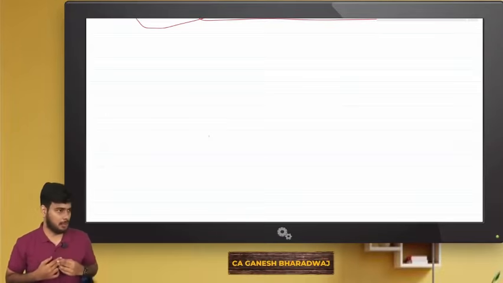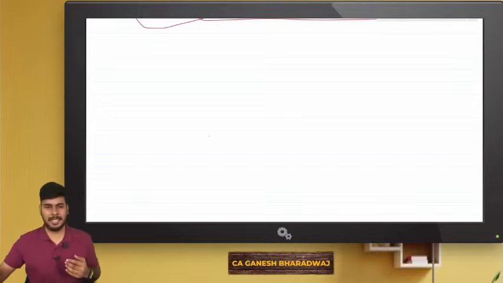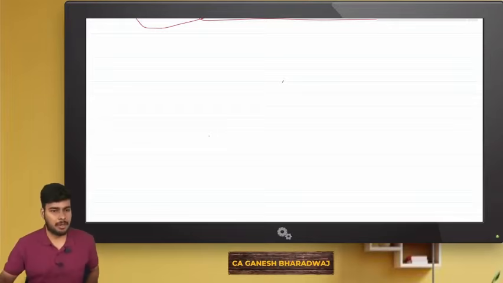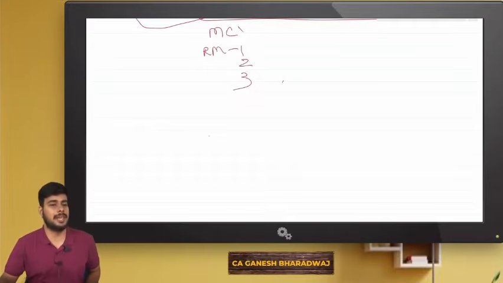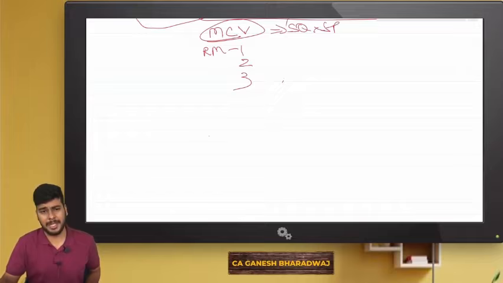Let's say you have raw material 1, raw material 2, raw material 3, and they ask you to find all the variances. What is the formula for material cost variance? Standard quantity into standard price minus actual quantity into actual price.